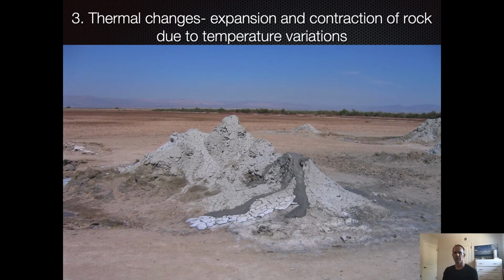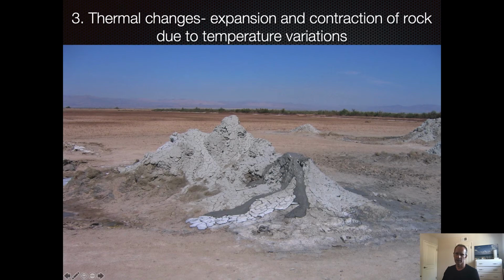A third type would be thermal changes. As rocks get heated and cooled, they expand and contract, and you can repeat this over and over again, and it gradually breaks the rock up. Or this example from these mud volcanoes, you have hot mud erupting.